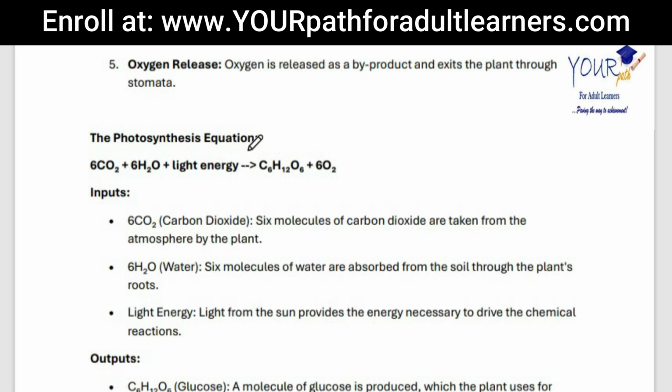The chemical reaction is one way, and it yields C6H12O6, which is glucose, this form of sugar that we talked about, plus 6O2, which is 6 molecules of oxygen.